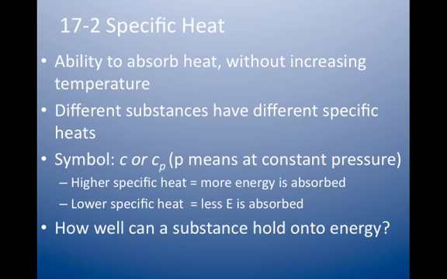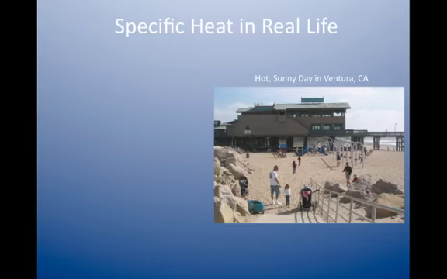It's a measure of how well a substance can hold on to energy without the temperature increasing. A formal definition of specific heat would be the amount of energy necessary to raise 1 gram of the substance by 1 degree Celsius or 1 Kelvin. And so we'll be looking at some examples of this.